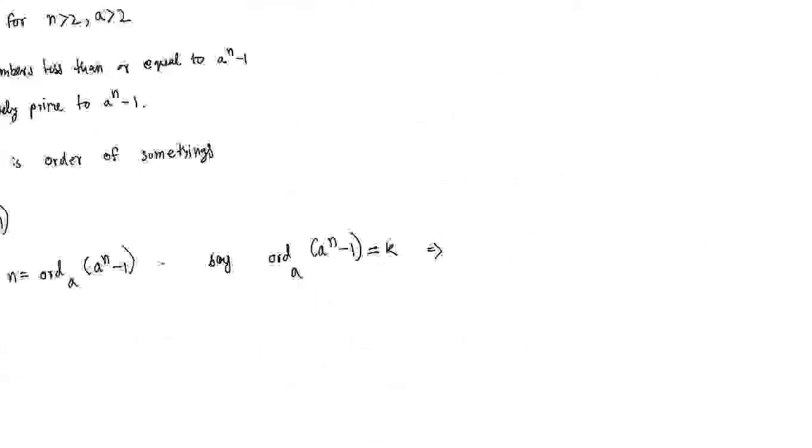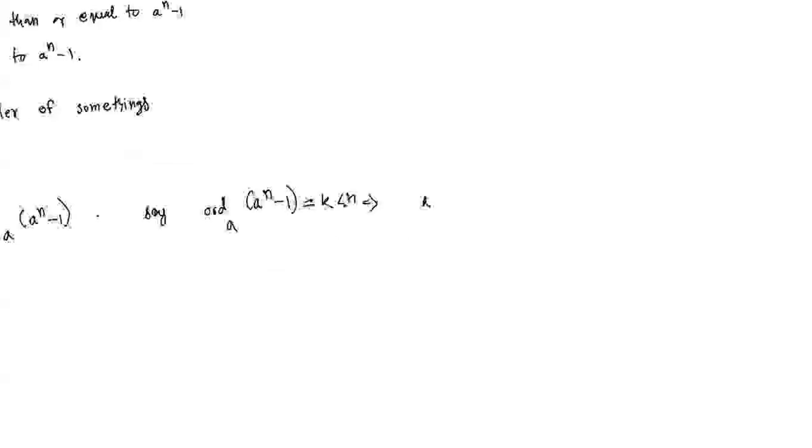So if the order of a mod a^n minus 1 is k and k is less than n, then you get that a^n minus 1 divides a^k minus 1, and k is less than n. Oh wait, sorry, I wrote this wrong. My bad.